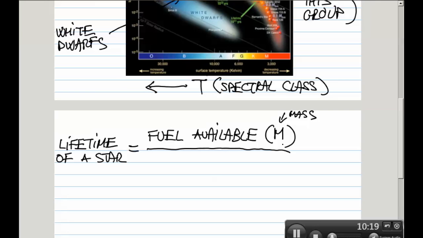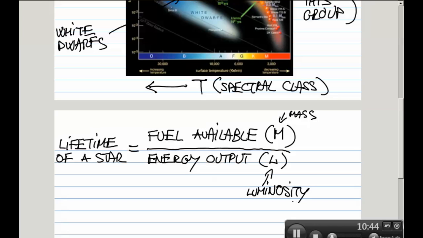For a given amount of fuel, the higher the rate at which the energy is burned, the shorter the lifetime is going to be. And basically, the energy output is the star's luminosity. Okay, so the lifetime is basically given by the ratio of the mass of the star over its luminosity.